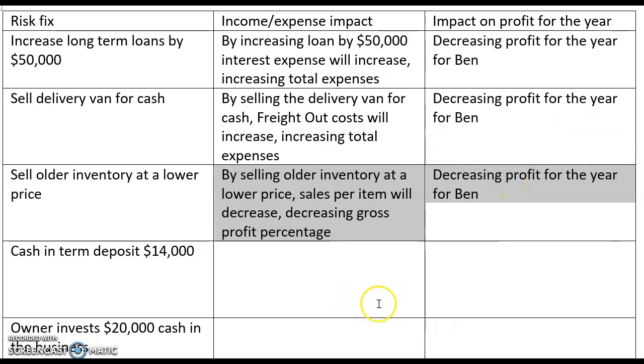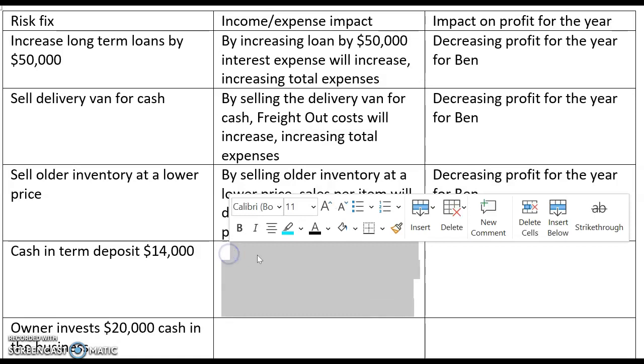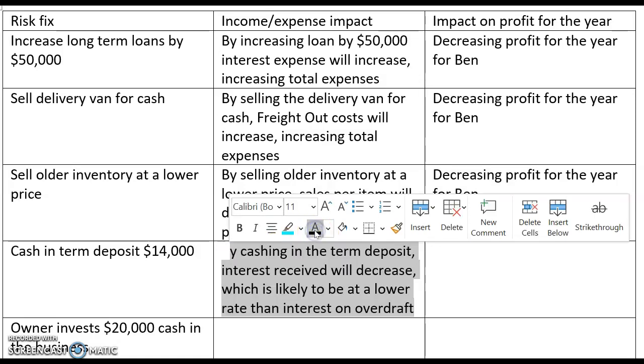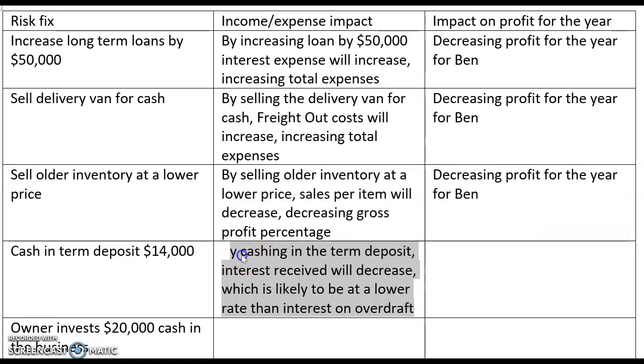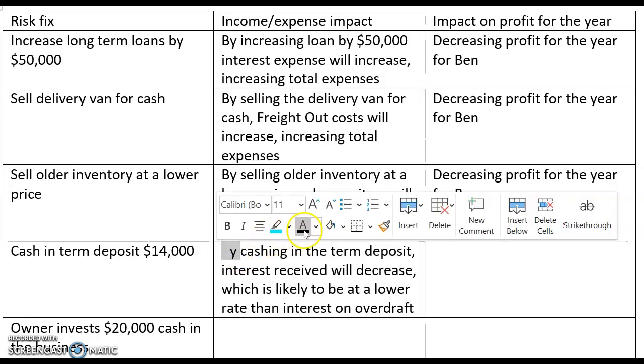If we cash in a term deposit, quite like this one. Remember yesterday's one, Ben had a term deposit. It made really no sense for him to keep that term deposit. It should say buy at the front. By cashing the term deposit, interest received will decrease, but we're not too concerned about that because the interest on his overdraft is likely to be higher than the interest on the term deposit. So he's going to save himself a bit of money.